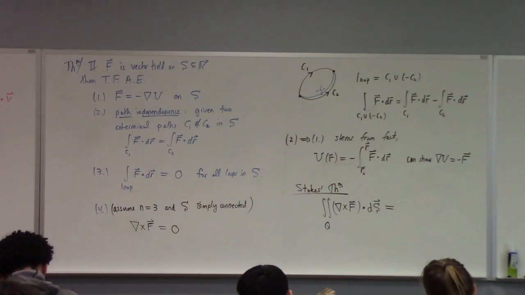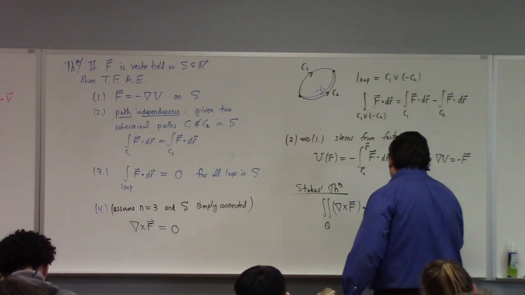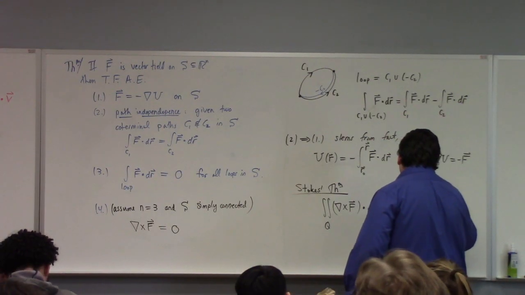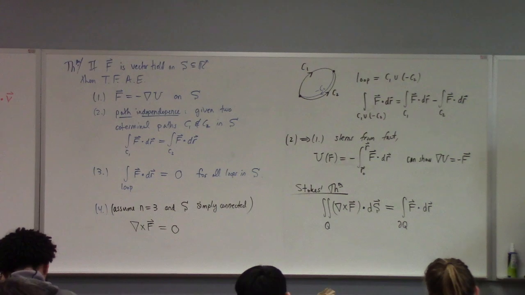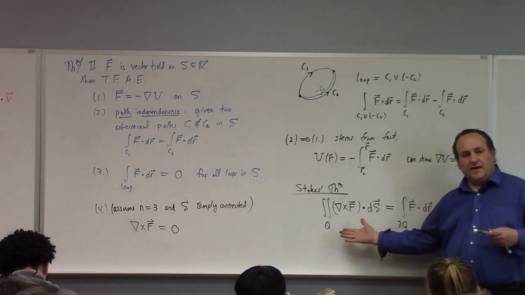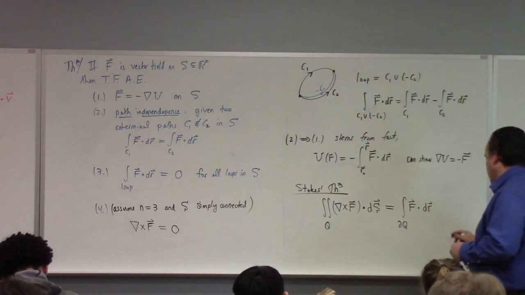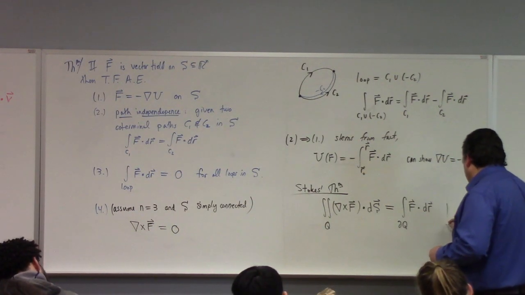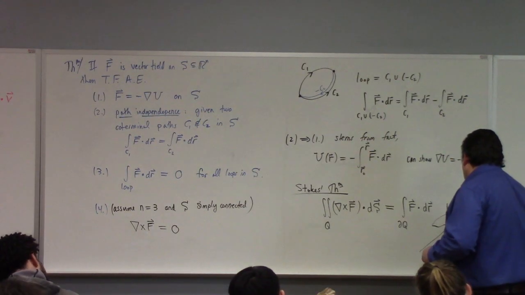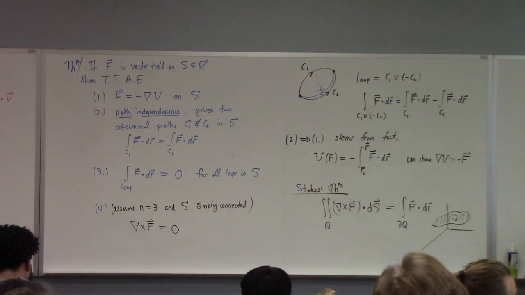So the flux over Q of the curl, Stokes' theorem says that that's equal to the integral over the boundary of Q of f dot dr, right? What does this mean? This applies as long as Q is simply connected. If you think about this space, you can take this membrane Q, some surface in 3 dimensions.